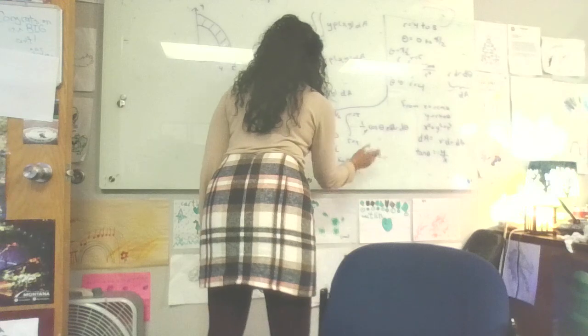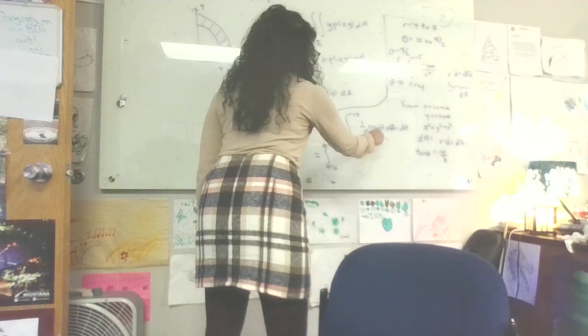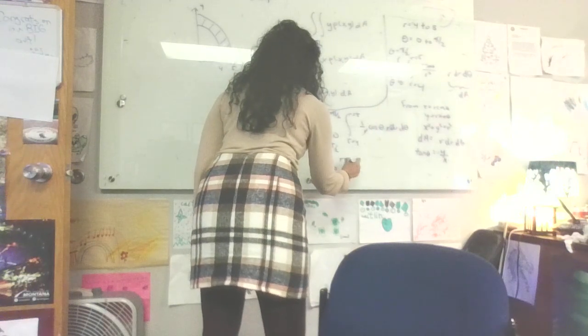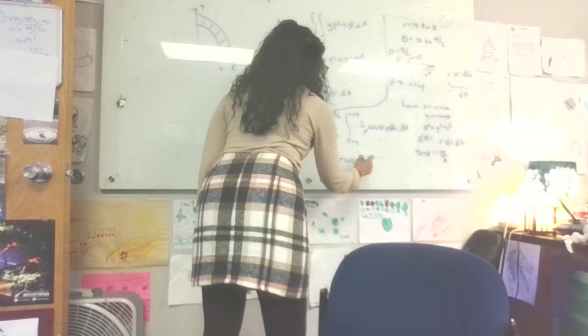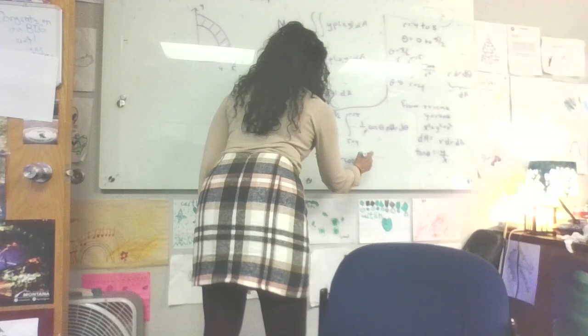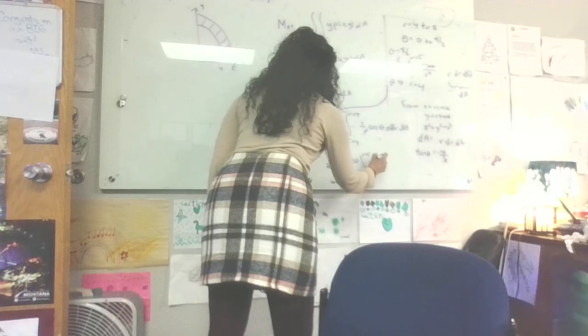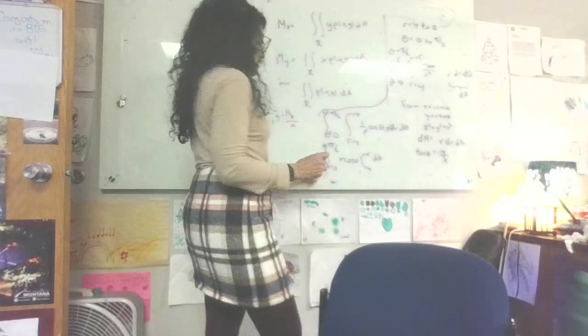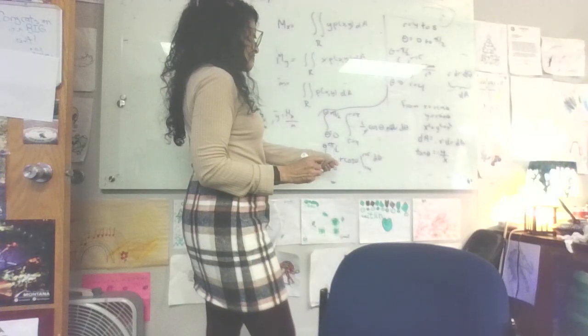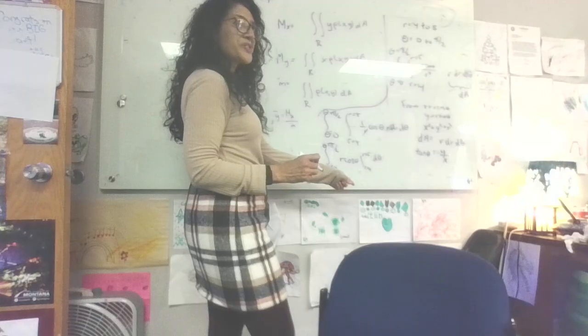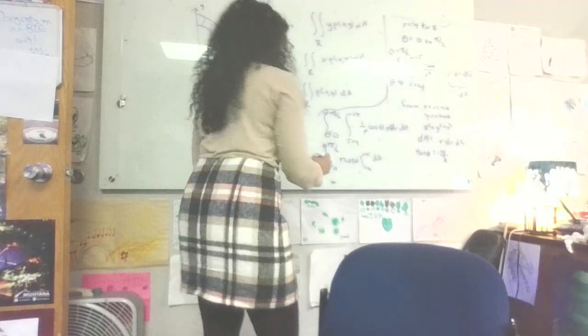And then integrating cosine is just sine. But let me integrate with respect to r first. If I integrate with respect to r, I just get r cosine theta from r equals 4 to 5. That's going to give me 5 cosine theta minus 4 cosine theta, which is just cosine theta.